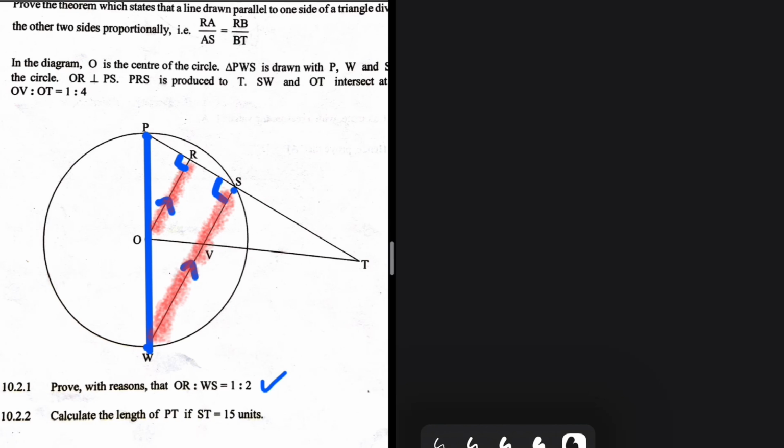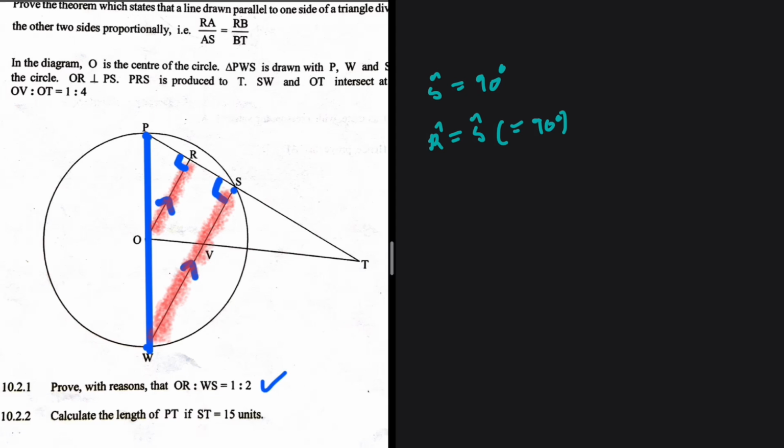But these two triangles are similar to each other. Why? Angle R is equal to angle S. They are both equal to 90. We have talked about why angle S is equal to 90: it is subtended by diameter SW.